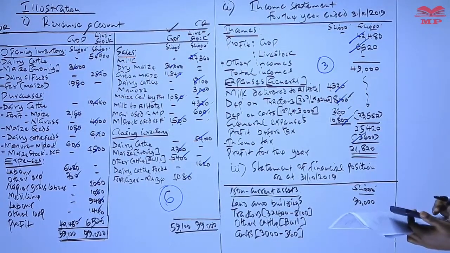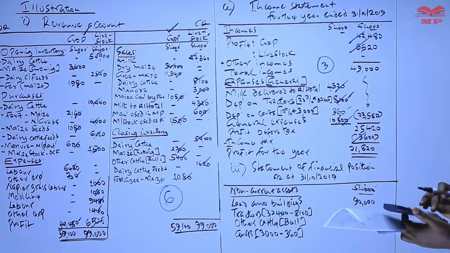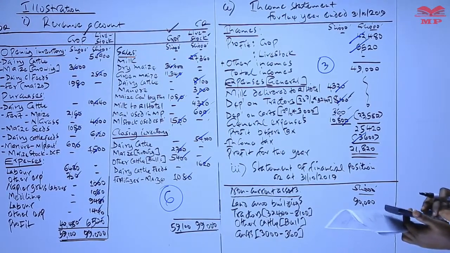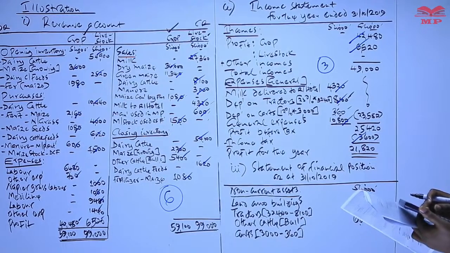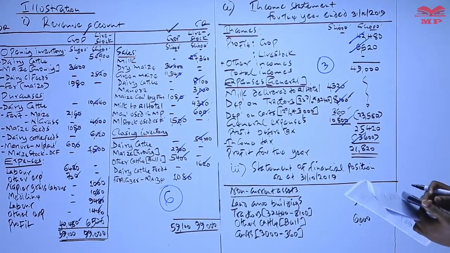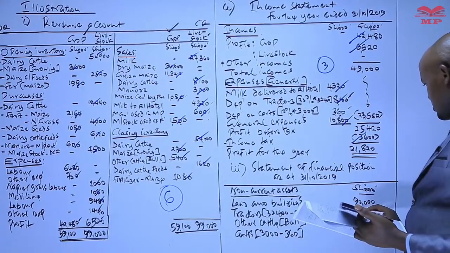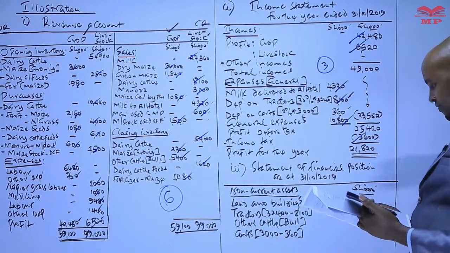We have 32,400 minus 8,100, which will give us 24,300.